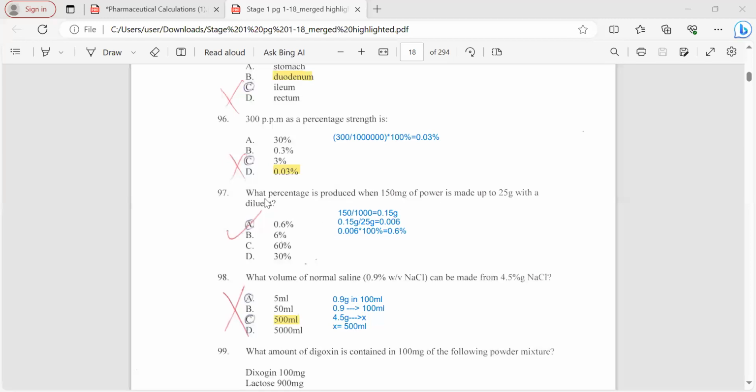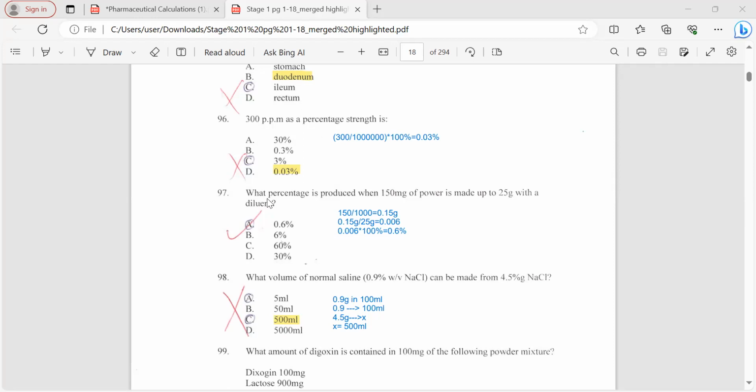And then the next question, what percentage is produced when 150 milligrams of powder is made up to 25 grams with a diluent? So basically we are diluting 150 milligrams of powder to make 25 grams. Like I was saying, these are two different units.